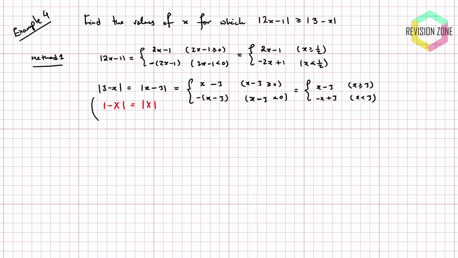So perhaps I should write down what I mean. I mean this. It's going to be the modulus of 3 minus x is equal to the modulus of minus 3 plus x, which is obviously the same thing as the modulus of minus x minus 3, which now, using the property in red here, is just the same thing as the modulus of x minus 3. Okay, so that's the first step.